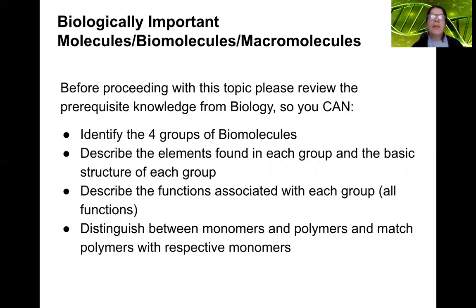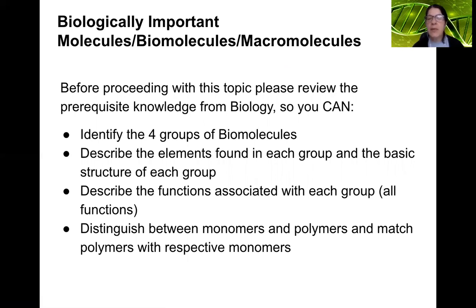So the biologically important molecules, the biomolecules or the macromolecules, whatever you want to call them, what you need to know about them, this is prerequisite knowledge from biology before proceeding, is the following. You need to be able to identify the four groups. That means name them. You need to describe the basic elements which are found in each group.